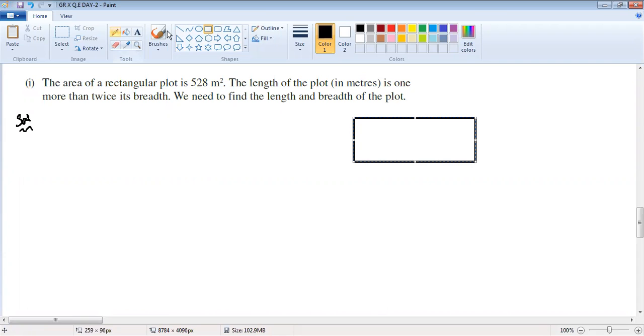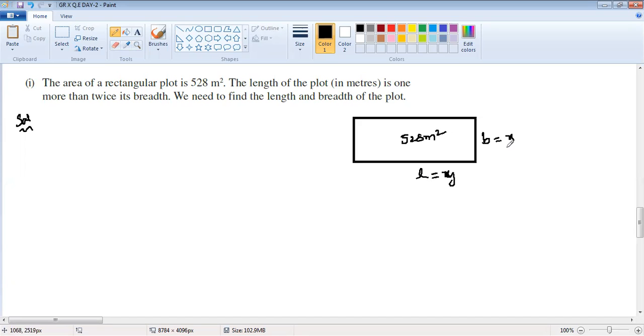The area is 528 meters square. We know length and this is called breadth. The length of the plot is one more than twice the breadth. Let us assume breadth is x, or length is y, your wish. It doesn't matter whatever you take.